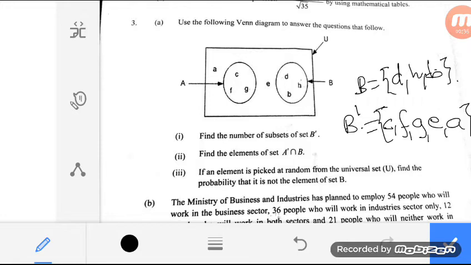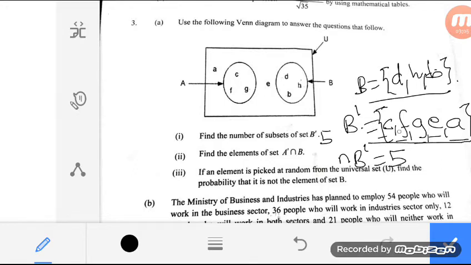So, find the number of subsets of B complement. You count these elements: 1, 2, 3, 4, 5. Now we get 5. So the number of elements of B complement is 5.